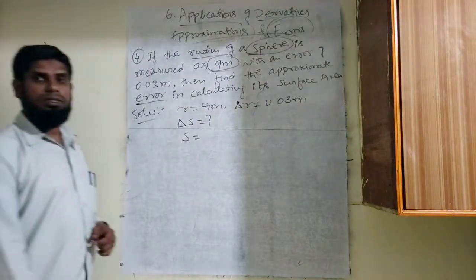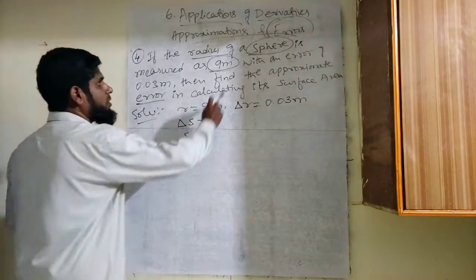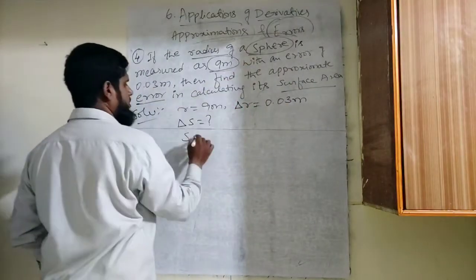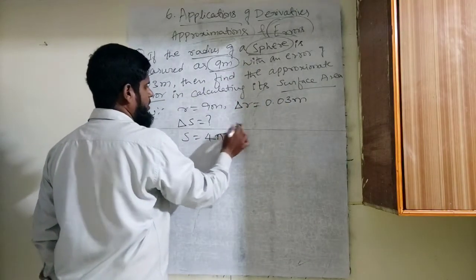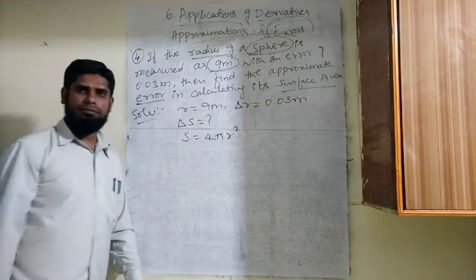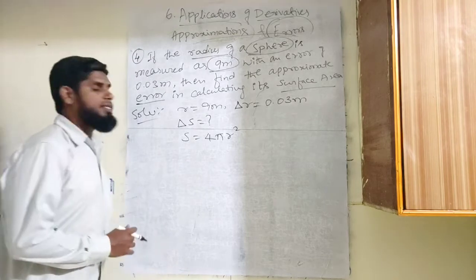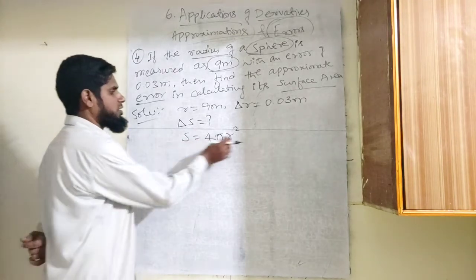Okay, students, the formula to find the surface area of sphere is 4 pi r square. So first let us differentiate this S with respect to r.